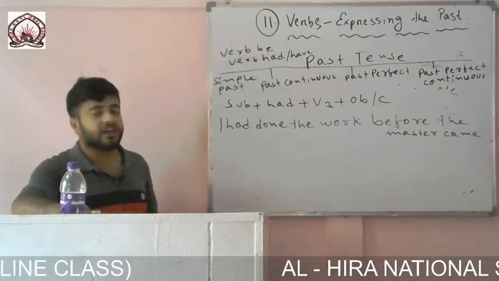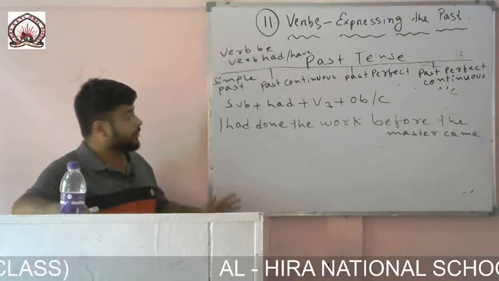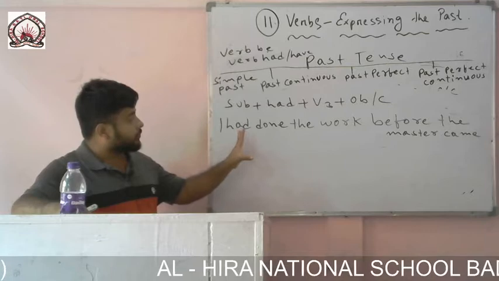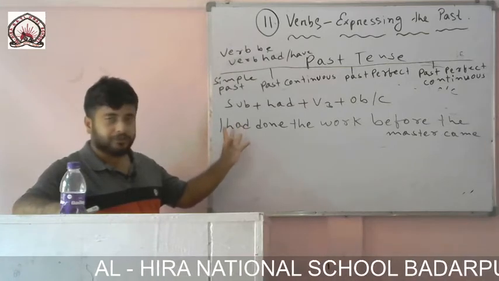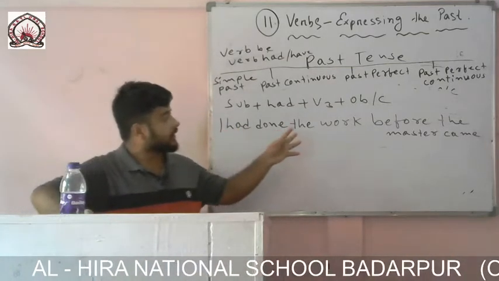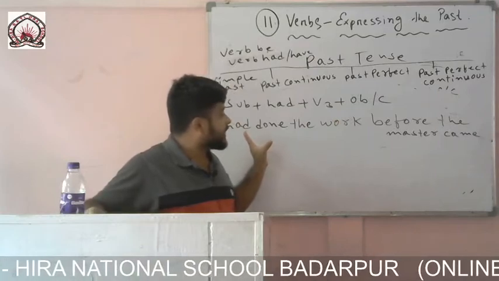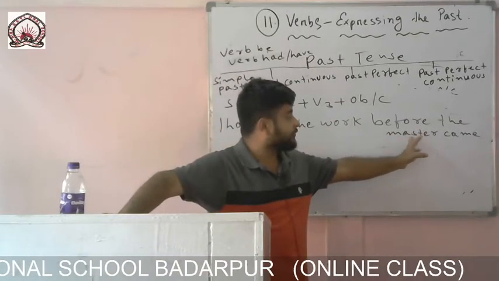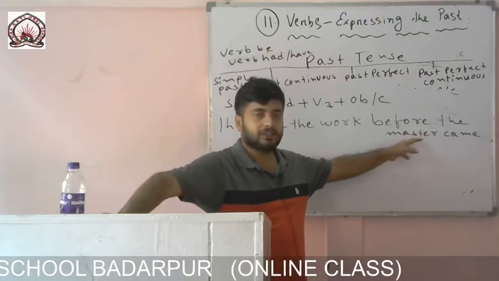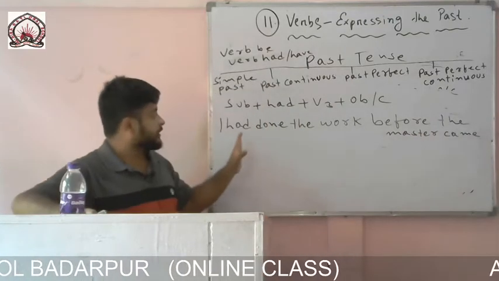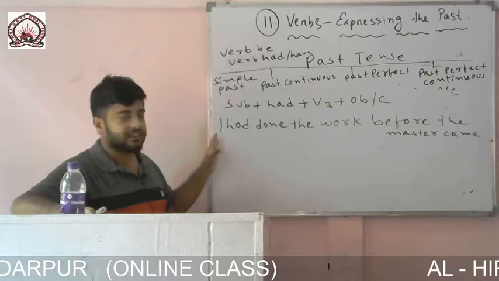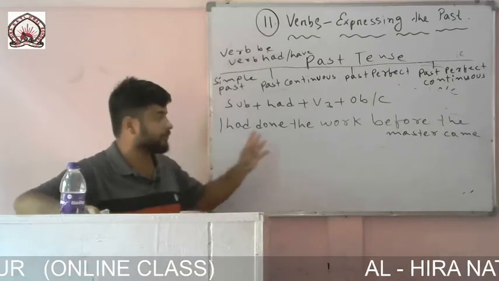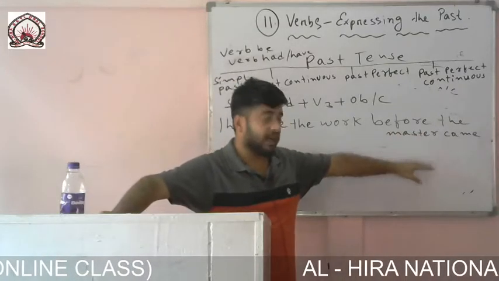So two actions are there in this sentence. One, the work has been finished. Work is finished, and when he has finished the work, before the arrival of this person, he has completed his work before the arrival of this person.